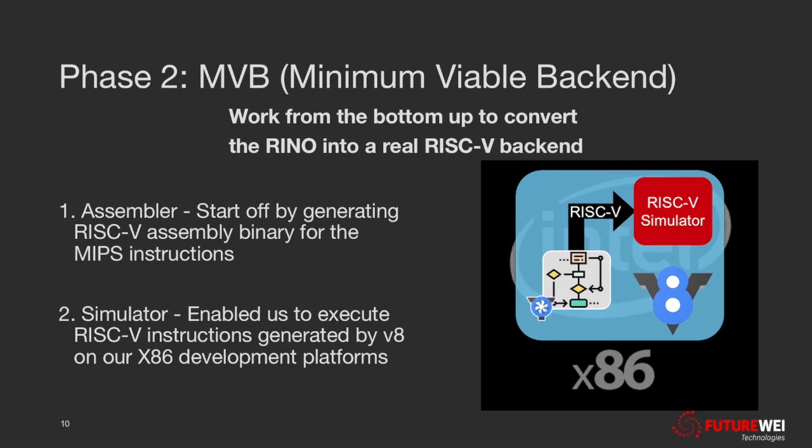So when V8 is executing the JIT code, it will invoke this internal RISC-V simulator, so that in this execution you actually have a mixture of executing on x86 and also executing binaries from RISC-V.